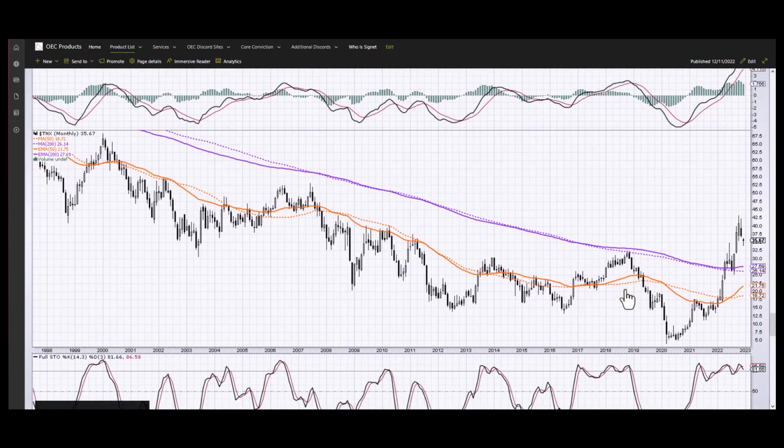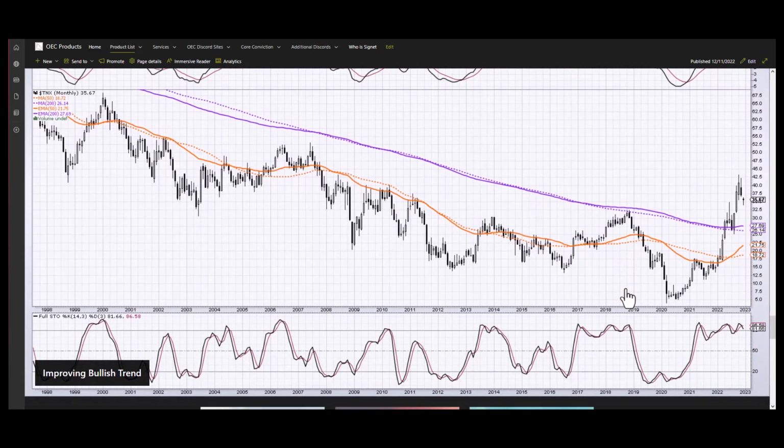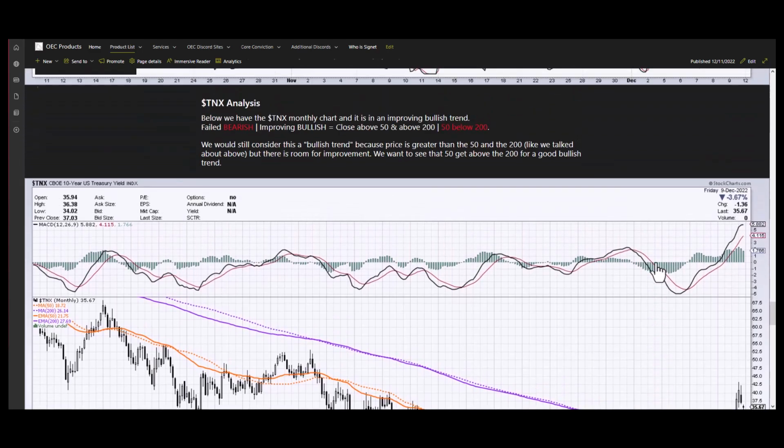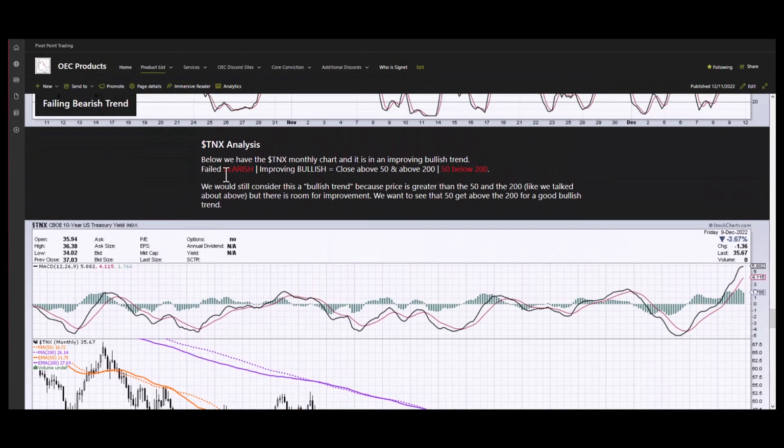And then here we've got an improving bullish trend, but we still need the word bearish in there because the 50 is still underneath the 200. So the way that I like to write it is I will say that it's a failed bearish trend and it has an improving bullish trend. And it has to have that word bearish because the 50 is below the 200.